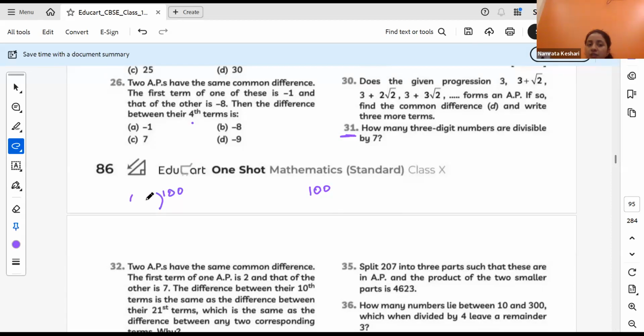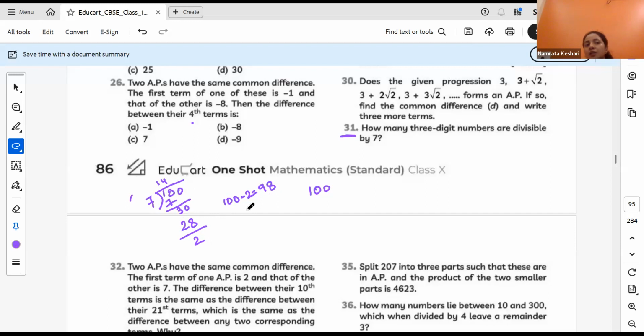We can do the division by 7, okay? And we will be getting 7 1 times 7, 7 4 times 28, and the remainder is 2. That means in 100, 2 is extra, right?